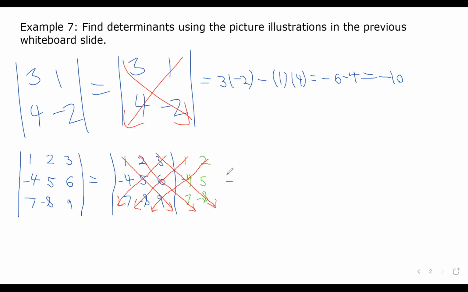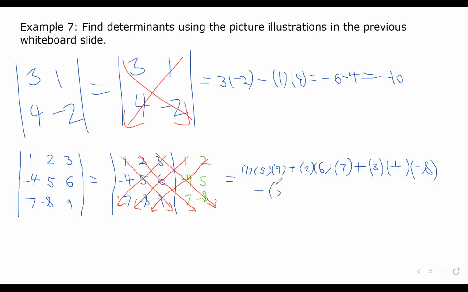So the determinant of that original 3x3 matrix is equal to 1 times 5 times 9, plus 2 times 6 times 7, plus 3 times -4 times -8. Then it's minus each of the products for the arrows going left.